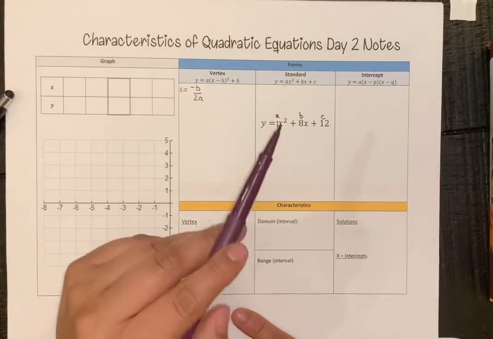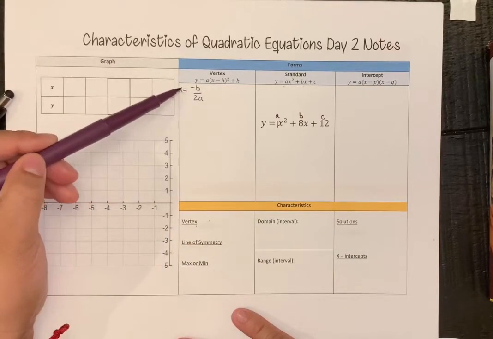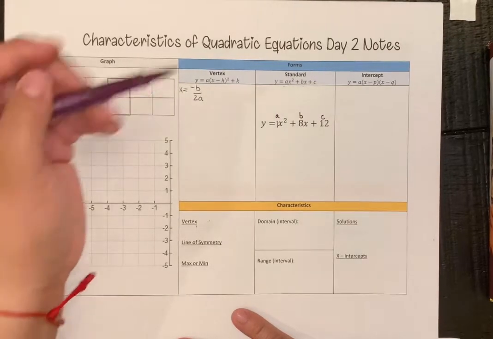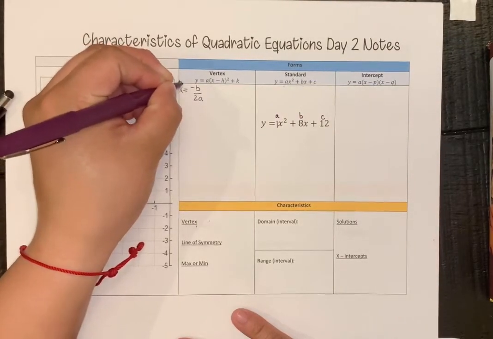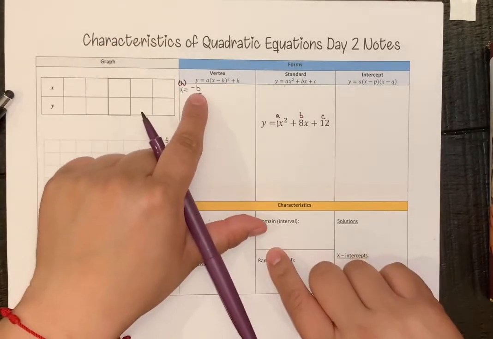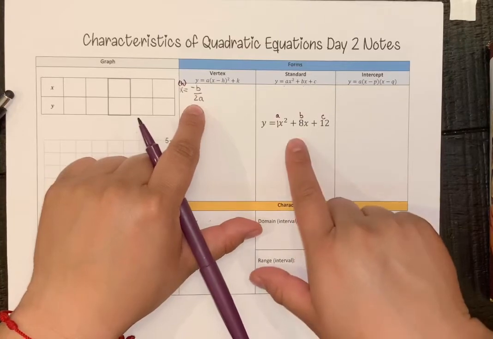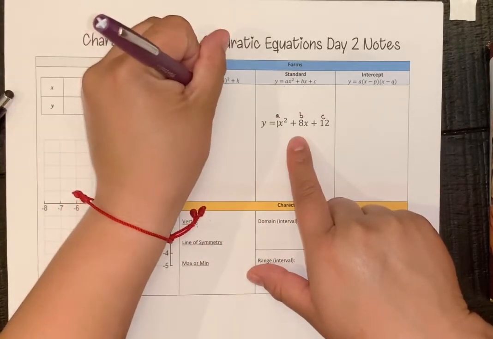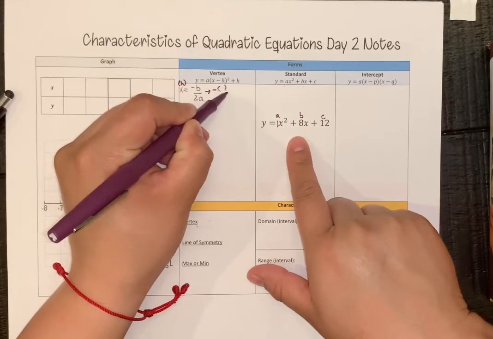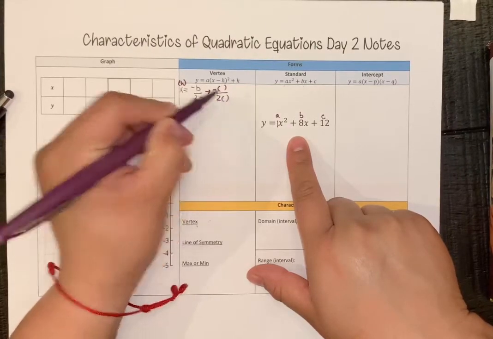Now, if you guys see here, I already started off with writing the vertex form for the x coordinate. Remember, the x is also our h, okay? So here I have negative b over 2a.